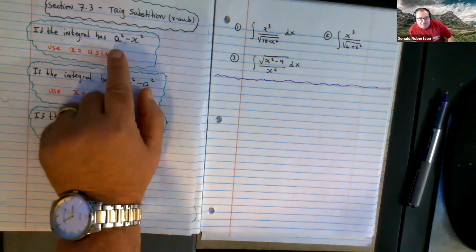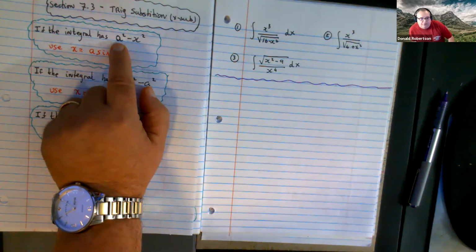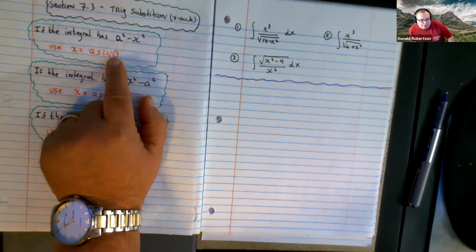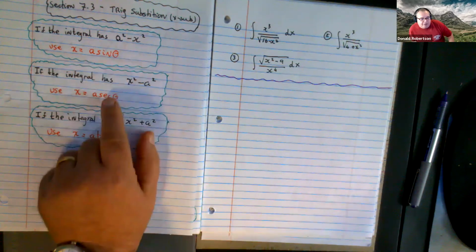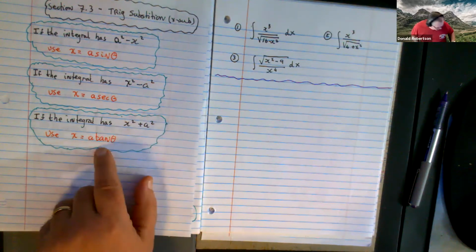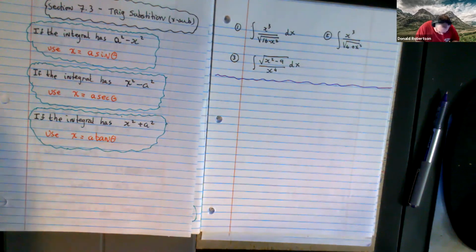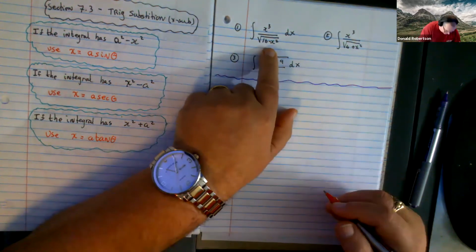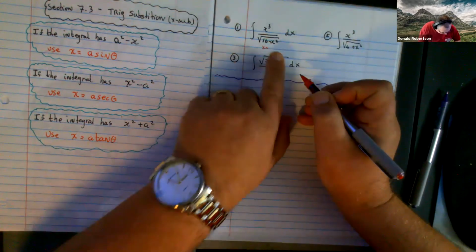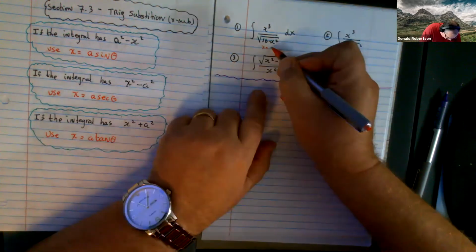When there is a like 5 squared, take away x squared, you're going to use this substitution, x equals a sine theta. Here it's going to be a secant theta, and when the two things are added, you're going to use a tan theta. So for instance, in this one here, the x sub that we're going to use, because it's 16 take away x squared, is going to be 4 sine theta.